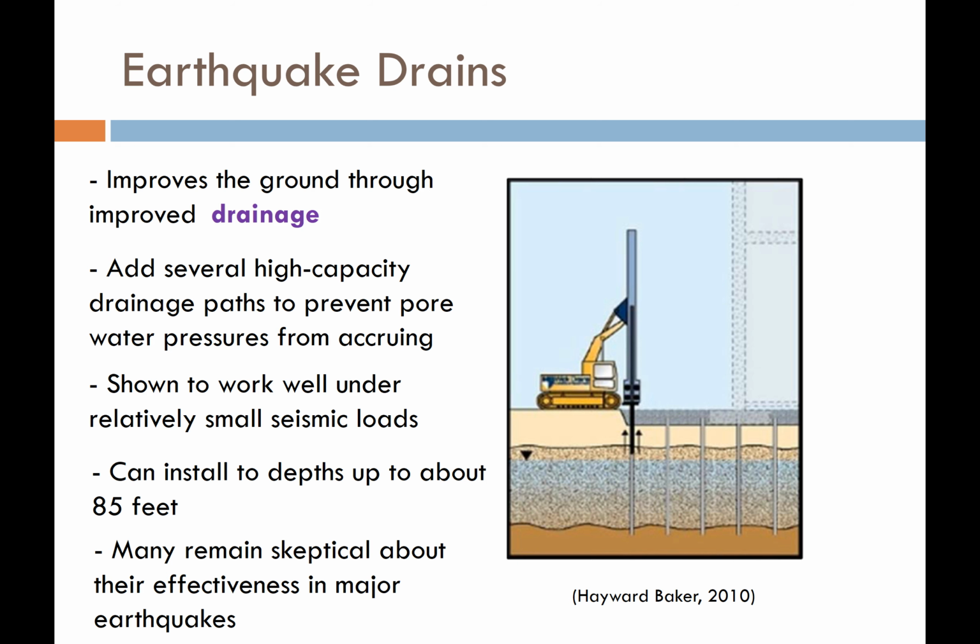So the idea is we're never going to let the pore pressures elevate to the point that we have zero effective stress. And it's been shown to work pretty well under relatively small seismic loads. And man, you can install these drains down to some pretty deep depths. I've heard of drains being installed down to 85 feet or so. The problem is that these drains remain untested in the field and in major earthquakes, and so we don't really know how well they're going to work.